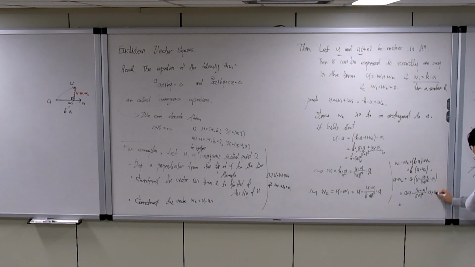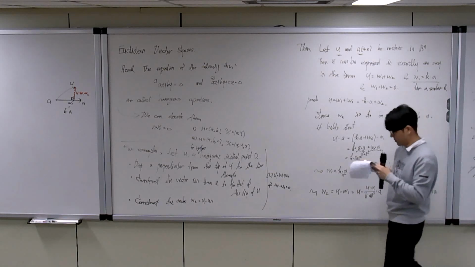As the distribution rule, it will be cancelled, so it remains u dot a or a dot u. The dot product has commutativity, so it is 0. So we can see the vectors have orthogonality.